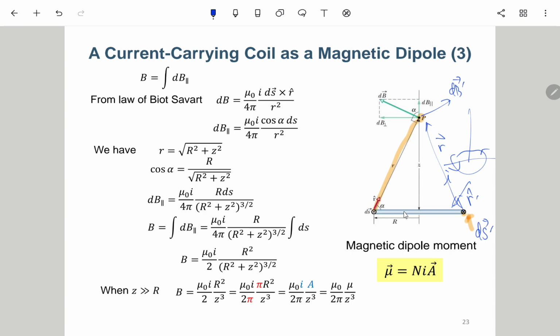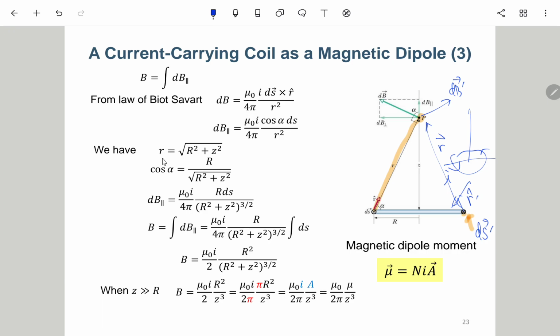Which is actually this angle. So cosine of alpha, ds cross r hat. Yeah, so we have a cosine of alpha here.